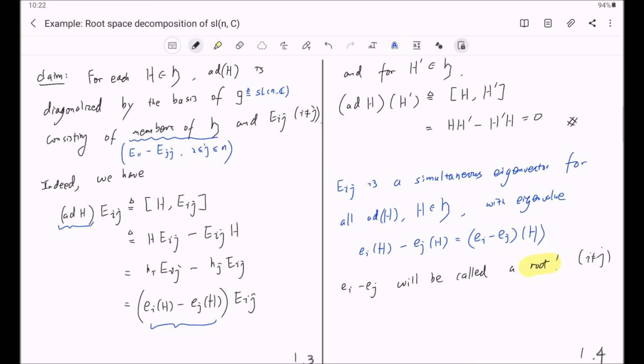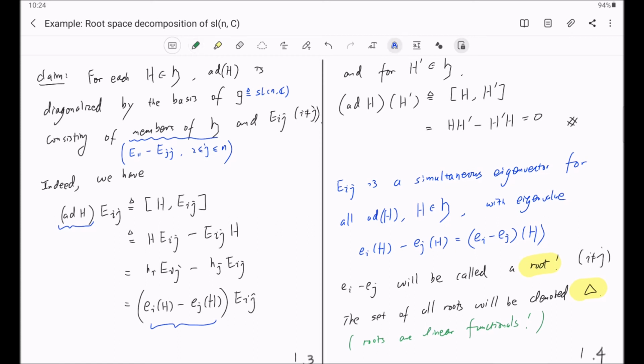And the set of all roots will be denoted by Delta. An important remark to make here is that roots are linear functionals instead of scalars.